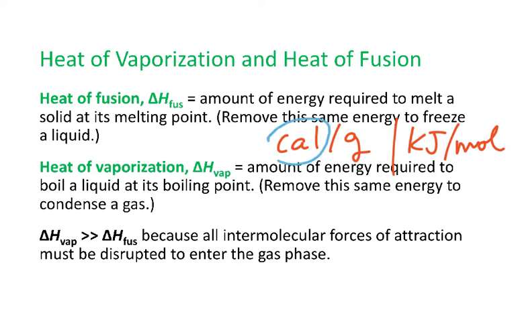This is heat, so the amount of heat required, but then it's divided by how much of the substance you have. So if you had 10 grams of a substance, it would take a certain amount of heat to melt it. Now, instead of 10 grams, if you had 20 grams of the same substance, it would take twice as much heat. But the heat of fusion itself is basically scaled down by grams, or sometimes by moles, which is similar to grams.